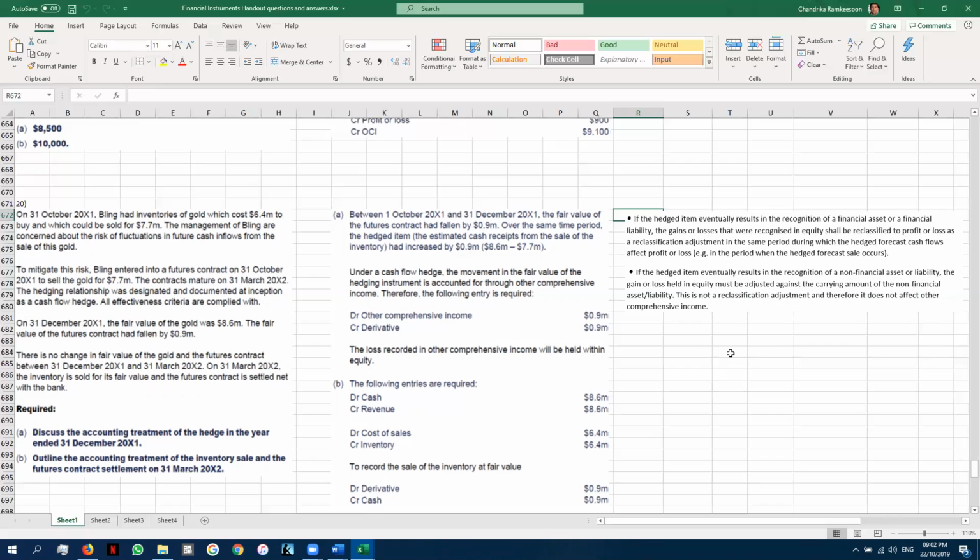Remember, it was sold. And of course, cash is a financial asset. So here, you're told if the hedge item eventually results in the recognition of a financial asset or liability, the gold was disposed of, cash was received, you're told it was sold at its fair value. And if that is the case, the gains or losses that were recognized in equity shall be reclassified to P&L.